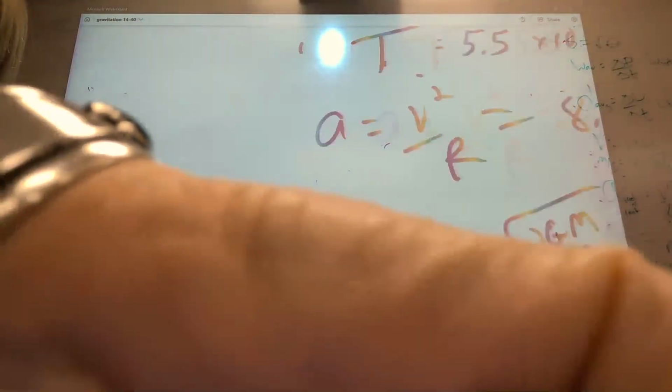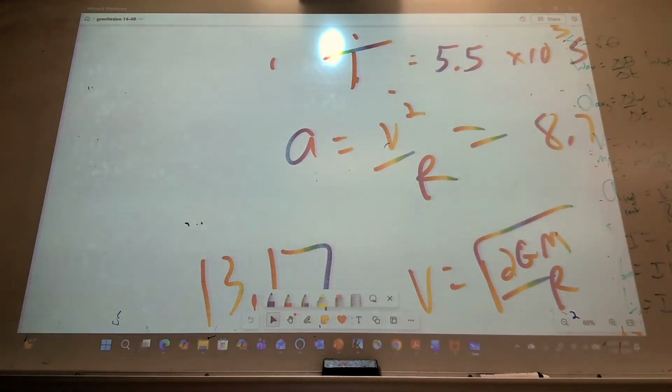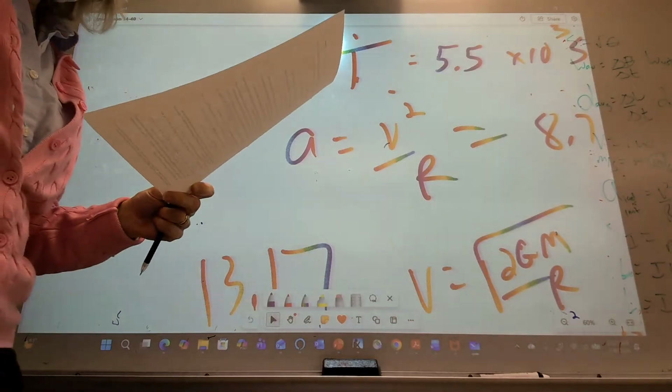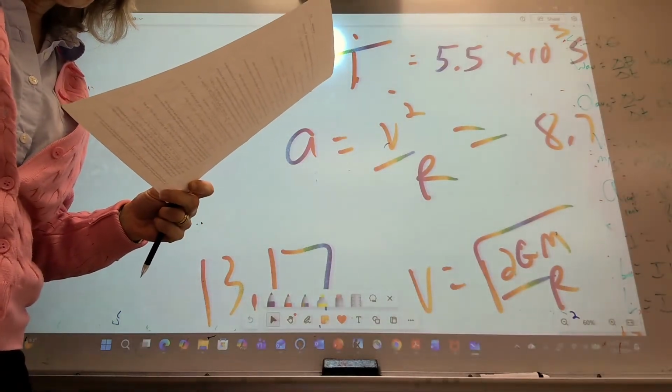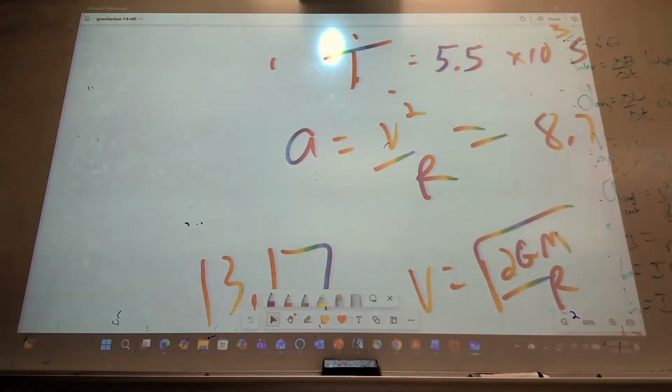Okay, so you're just entering the values: the mass of Mars and the radius of Mars, the mass of Jupiter and the radius of Jupiter. Now remember the number we got yesterday, which was 1.2 times 10 to the 4th meters per second.